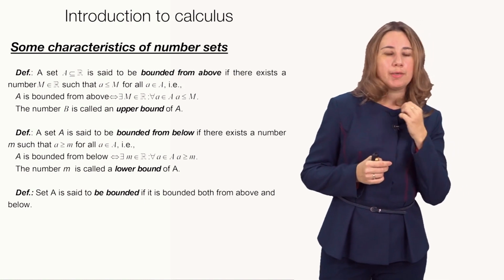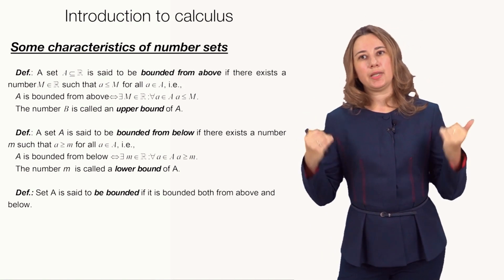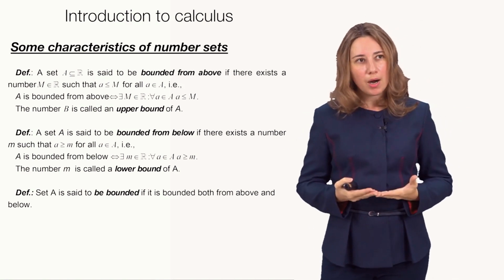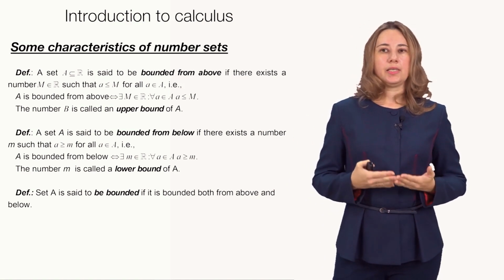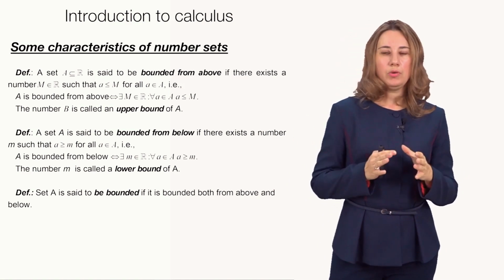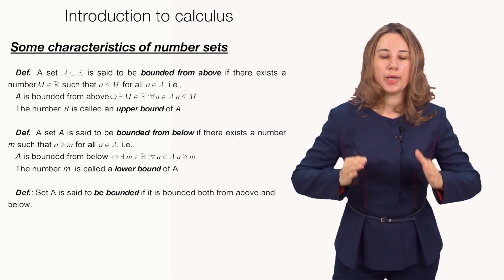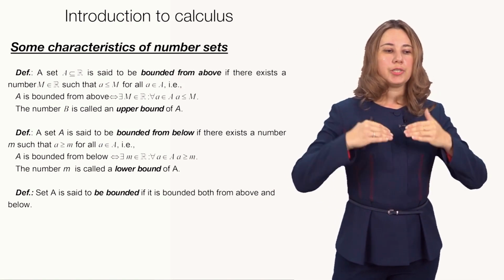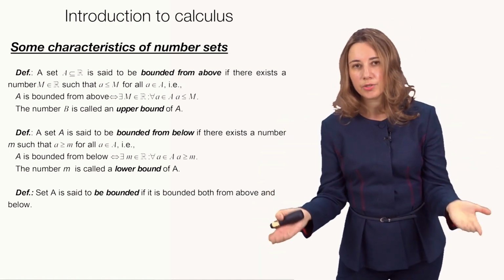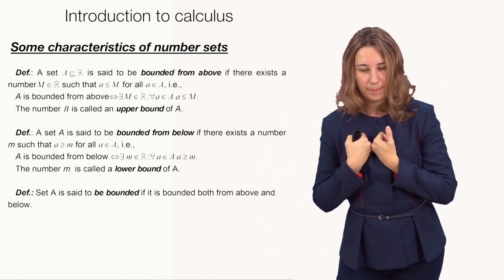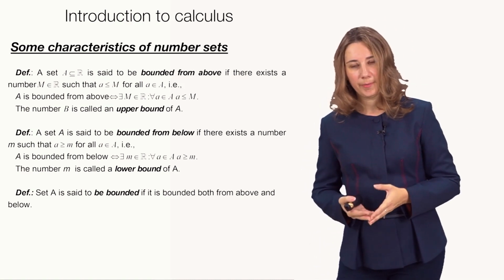Here, of course, the number capital M, not capital B, but capital M. Okay, the number capital M is called an upper bound of our set A. A set A is said to be bounded from below if there exists a number m, lowercase m, such that the inequality a is greater than or equal to m holds for all elements from our set capital A. And this number m is called a lower bound of A.